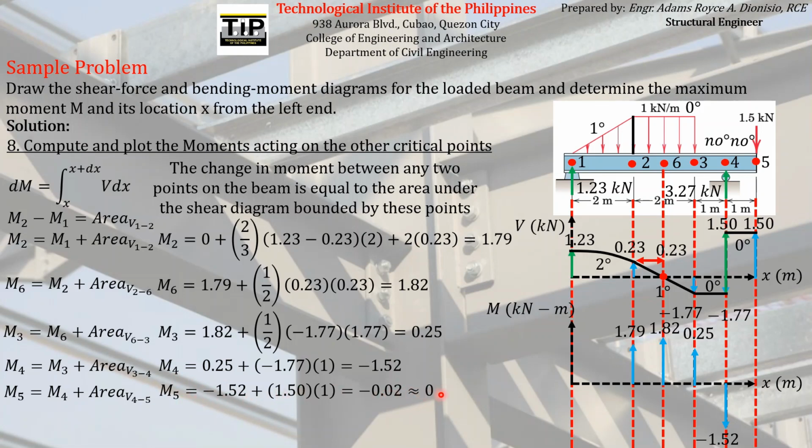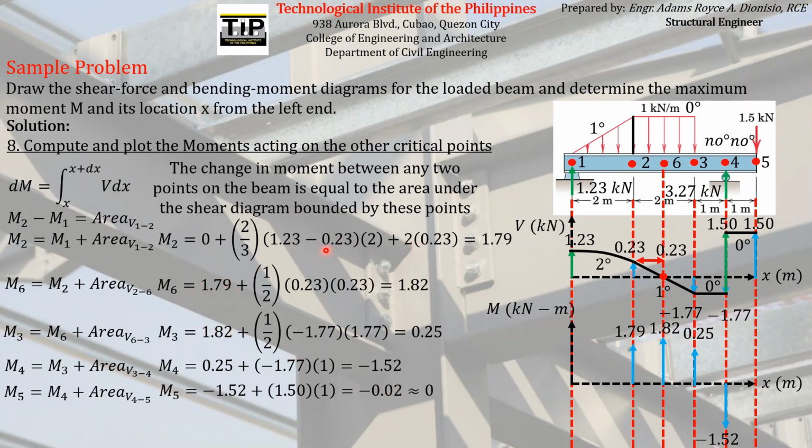And again, just like in the case of the shear force, that is one way to check if your bending moment diagram is correct or not. The bending moment acting on the other extreme end must be equal to 0. So if you can notice, we don't have a perfect 0 value because that is just due to the rounding off of the values.